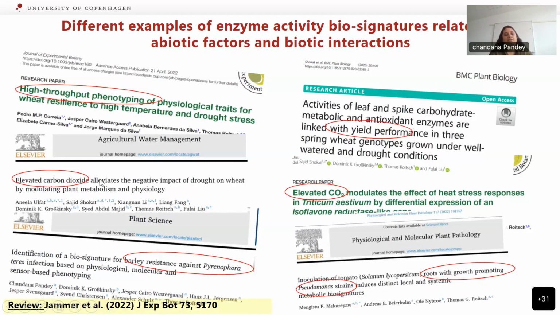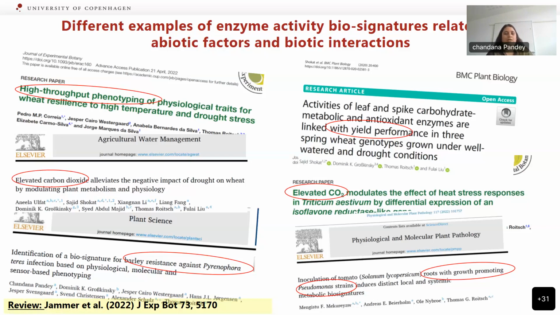Elevated carbon dioxide is related to the physiological response related to the carbohydrate and antioxidant metabolism, how the barley resistance against Pyrenophora is related to the physiological response, which I will discuss in more detail later, and further the yield and also the pathogenic strains.